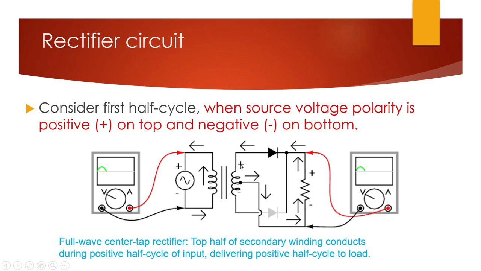So the top one is positive, and it is connected to the diode in such a way that diode 1 becomes forward biased, because the left side is connected to positive, that is the P type, and the right side, the N side, is connected to negative. So when the P type is connected to positive and the N type is connected to negative, it becomes forward biased, and when it is forward biased it conducts.